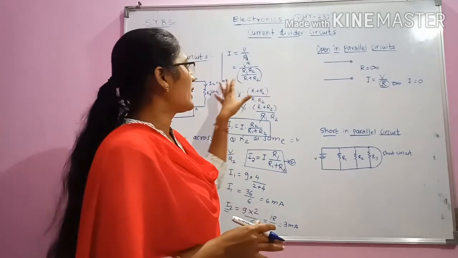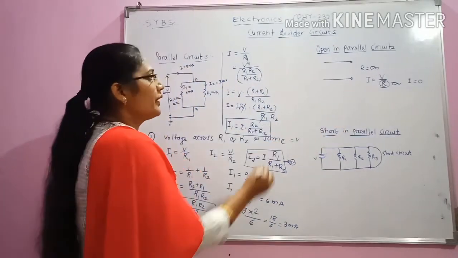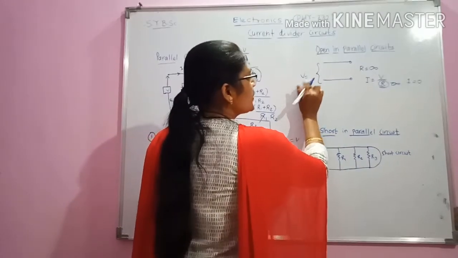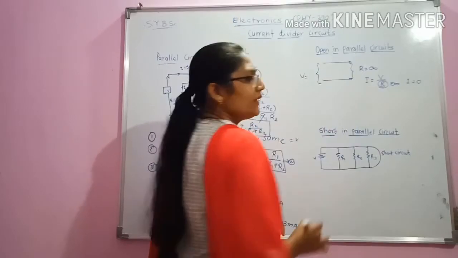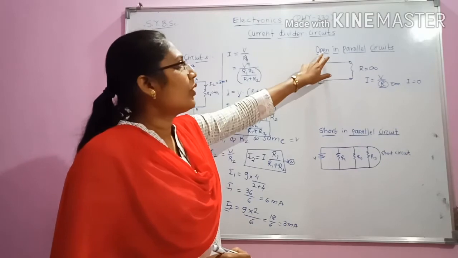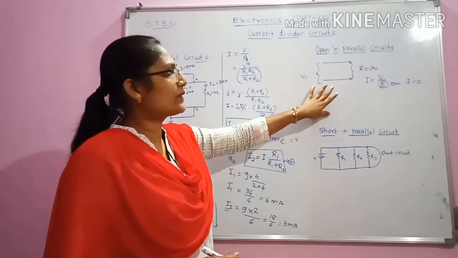So for any branch, you will not observe any current, but the voltage that you applied here will be observed at the open ends. This is the property of open in parallel circuits. What is the property of open in parallel circuits?